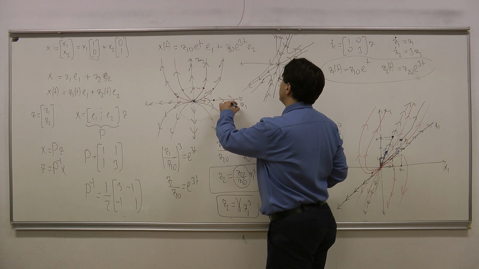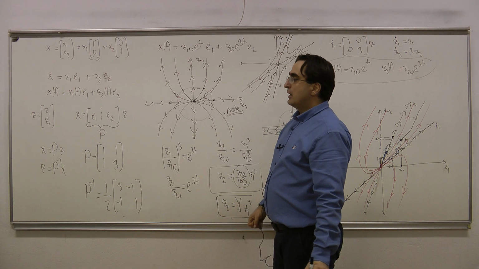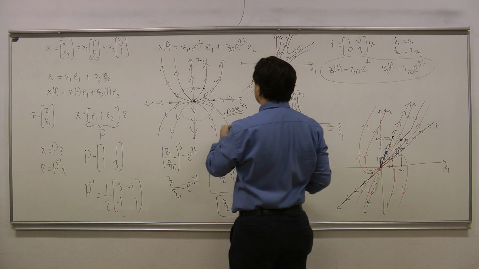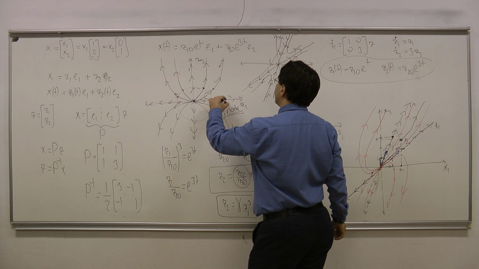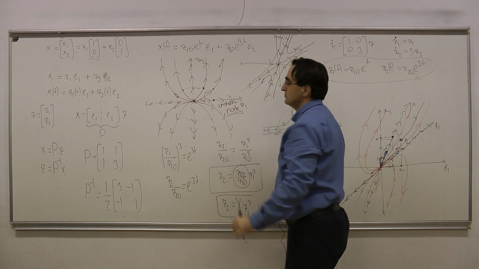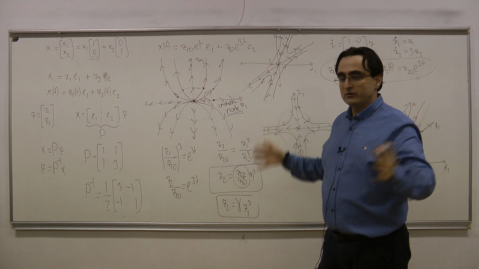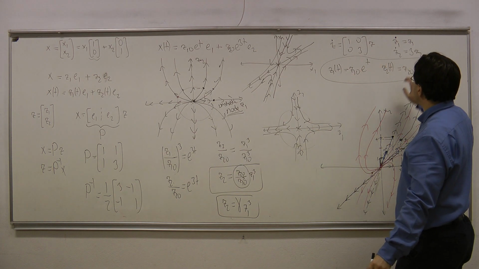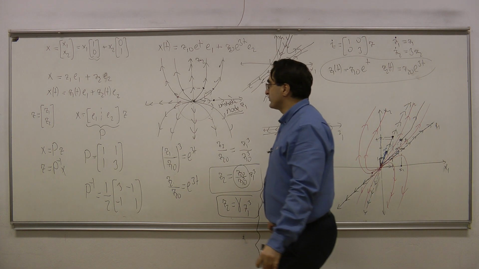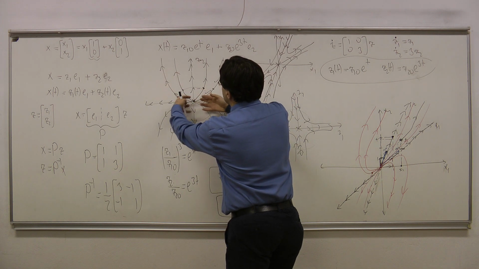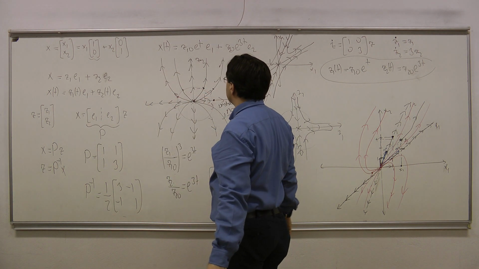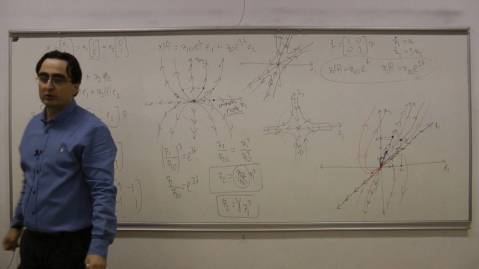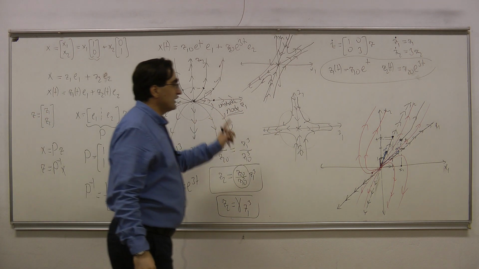So I will call this a node. And you see that the trajectories are always diverging from this equilibrium point. So this is going to be an unstable node, because the trajectories are diverging away from the equilibrium point. If both of these eigenvalues had negative sign, then all of the trajectories would be converging towards the equilibrium point. In that case, I would have named this equilibrium point to be a stable node.